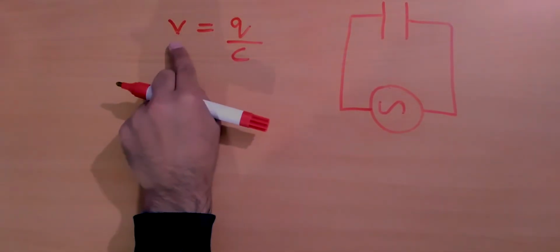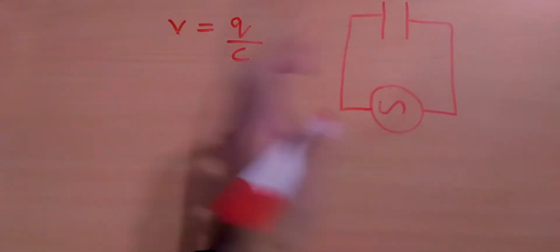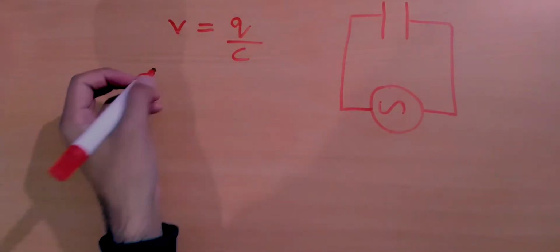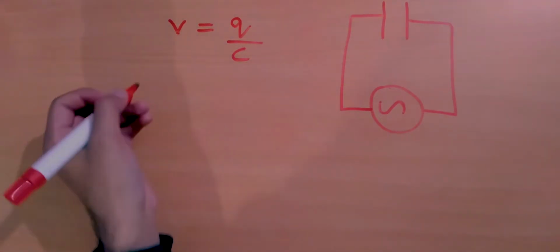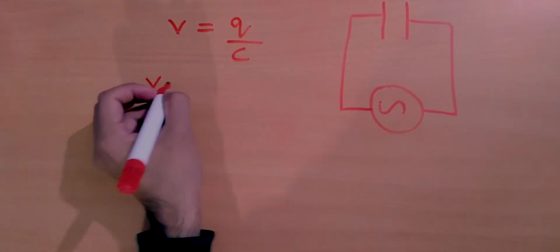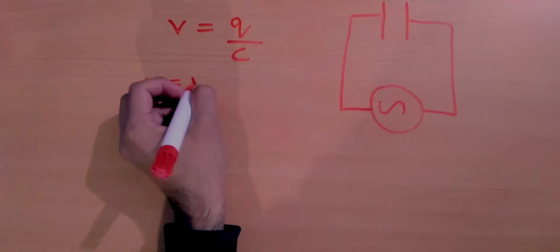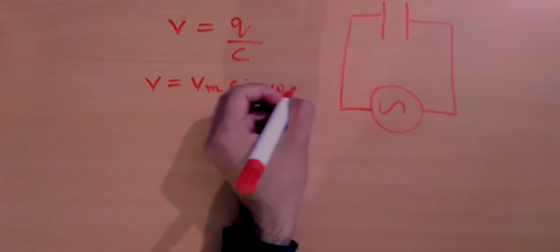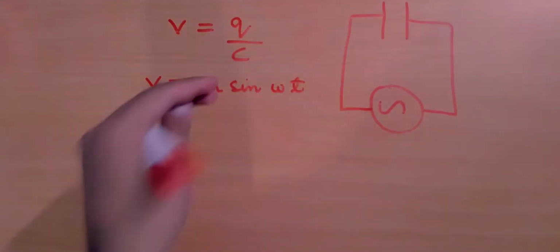Now because this is an AC source, the source voltage is also alternating, or rather changing with time, and so we can write the voltage at any instant as the peak voltage times sine omega t, and we know where this comes from.